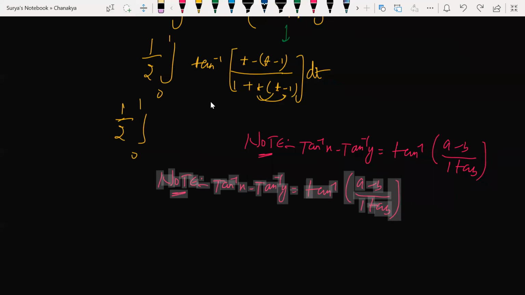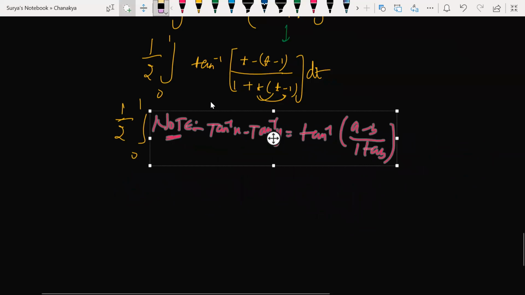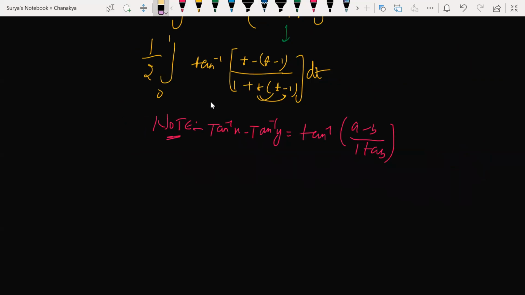Okay, we know this. So let me erase this. Now 1 by 2, 0 to 1. This is looking like tan inverse of (a minus b) by (1 plus ab).